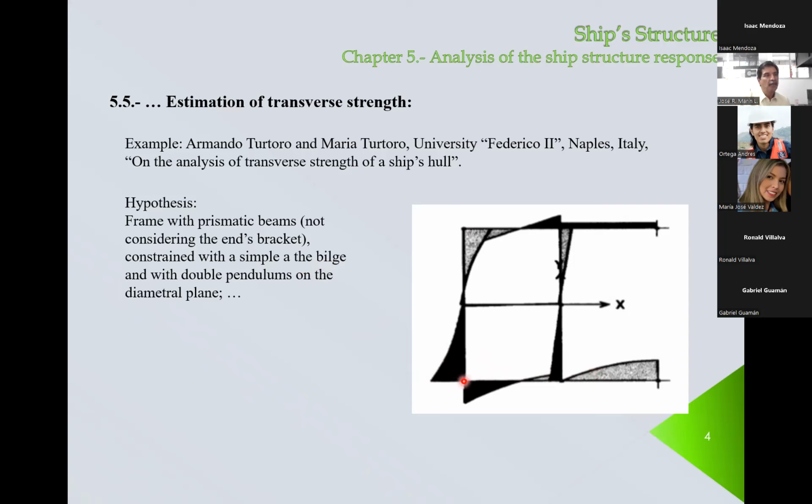That means that at this point, you could consider this is clamped for the side. Double pendulums on the diametral plane. That means that here and here, there is some symmetry. So they can move in this direction, but they cannot move in this direction, and they cannot rotate.